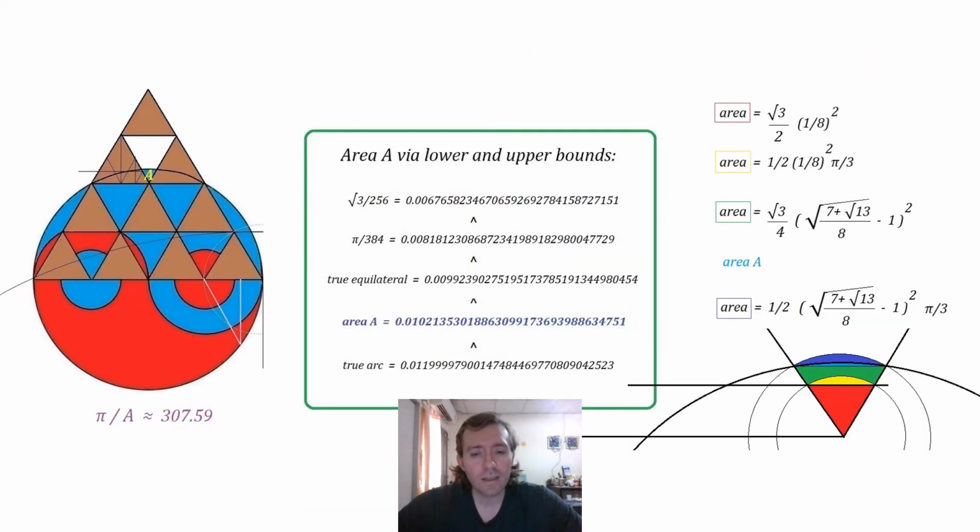Furthermore, we can be sure that the area we have calculated is the correct answer because, by squeezing, we can give an underestimate and an overestimate of the correct value.